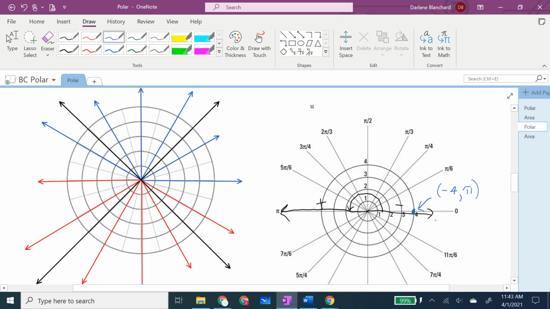That is also the point r for angle theta, or angle 0. Every point on the xy plane in rectangular Cartesian world has only one ordered pair. Polar world, infinite ordered pairs to get you there.